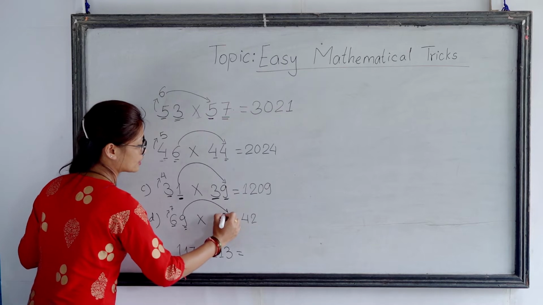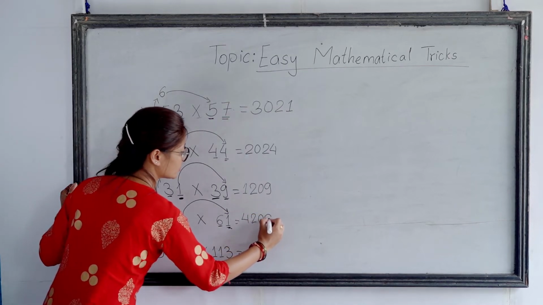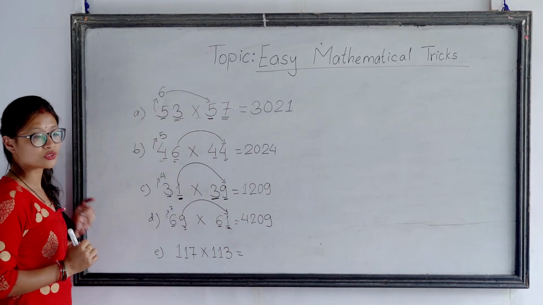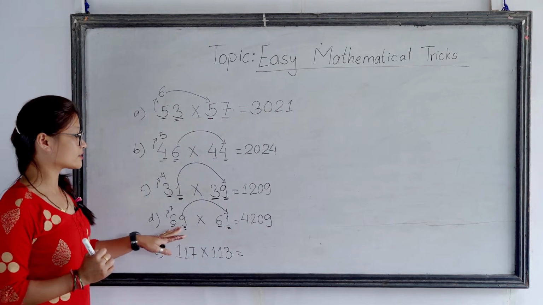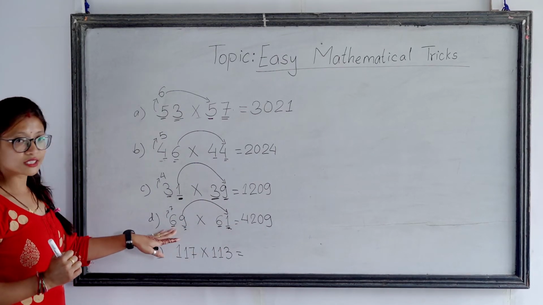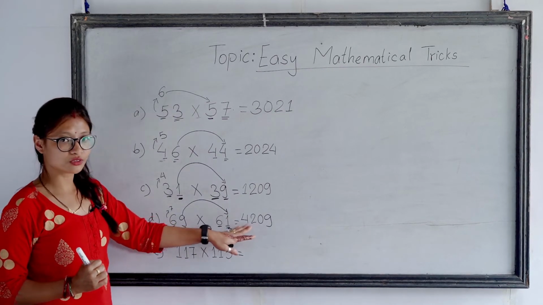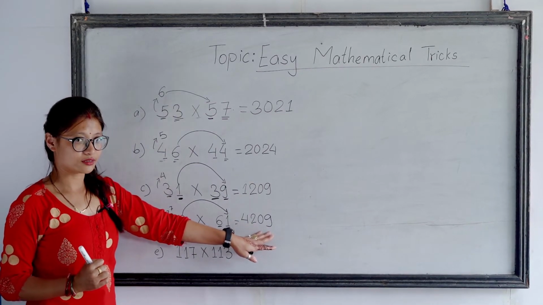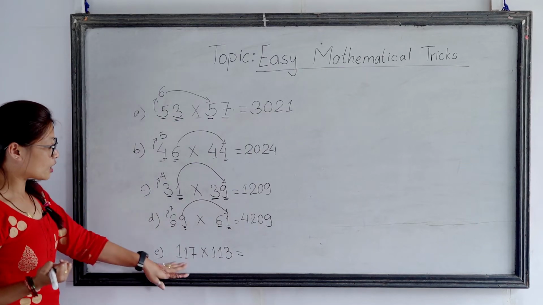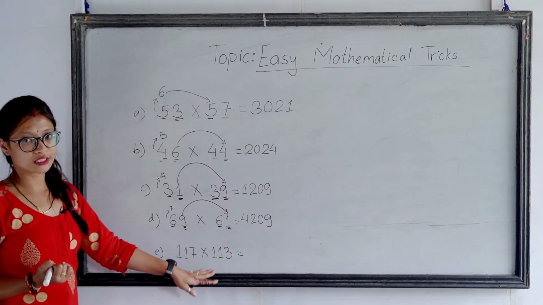So 9 1s will be 9. So 61 times 69 or 69 times 61 will be 4209. Okay, now how to do this with 3 digit numbers?